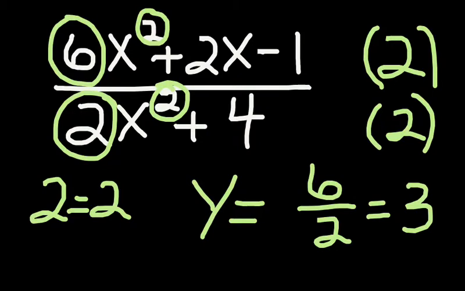Either the degree of the numerator is greater, in which case there is no limit and the graph has no horizontal asymptote, or the degree of the denominator is greater, in which case the limit is 0 and the graph has a horizontal asymptote of y equals 0, or the third case, the one we're looking at right in front of you, the degree of the numerator and the denominator are the same, in which case you use only the leading coefficient, the number in front of the variable with the largest exponent in both the numerator and denominator, and you divide the leading coefficient of the numerator by the leading coefficient of the denominator, and that will give you the y equals line, in this case 3, that will be our horizontal asymptote.